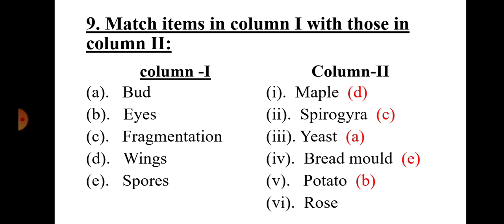D, wings, is matched to the first one, maple. Then E, spores, is matched to bread mold.